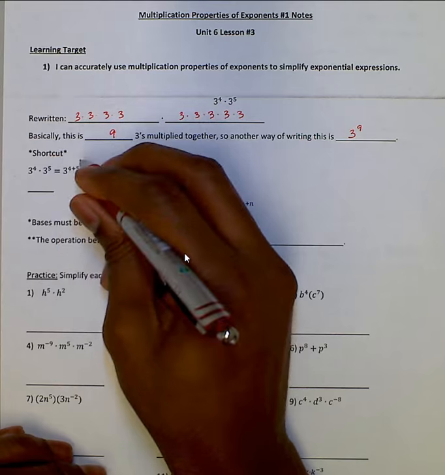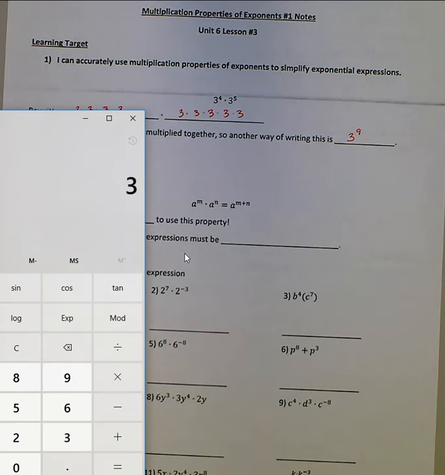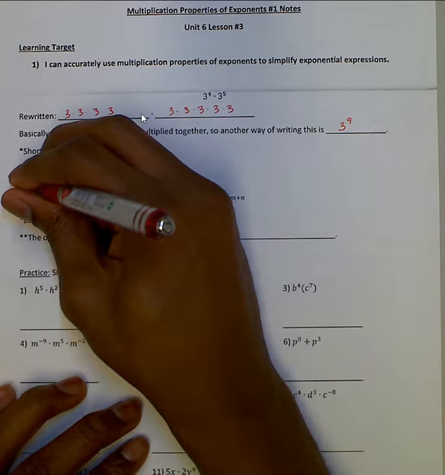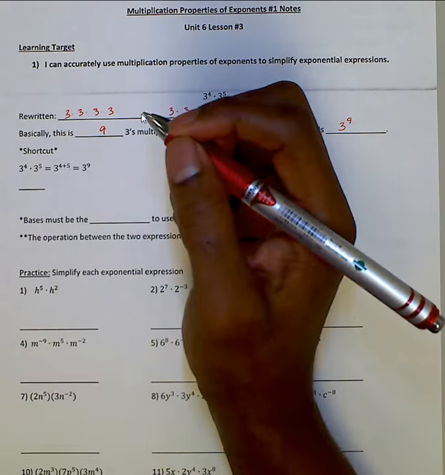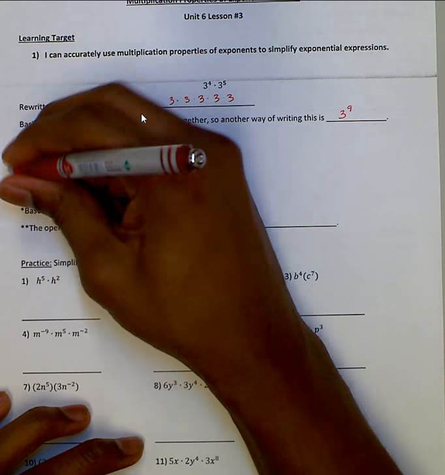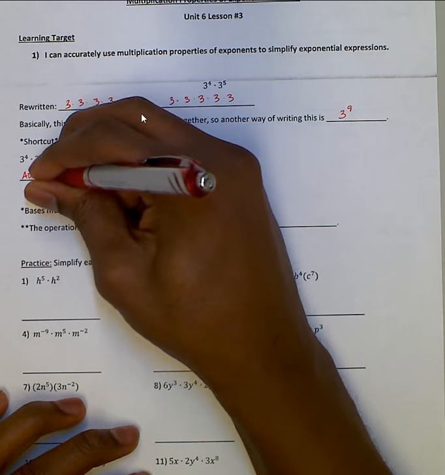I don't know what that number is, and I don't think that's important. So the shortcut is to add exponents.